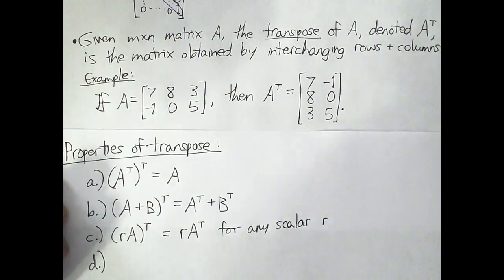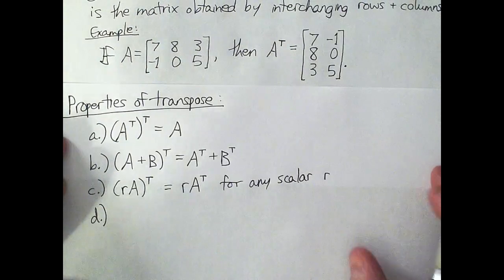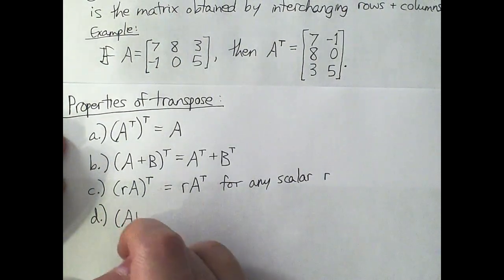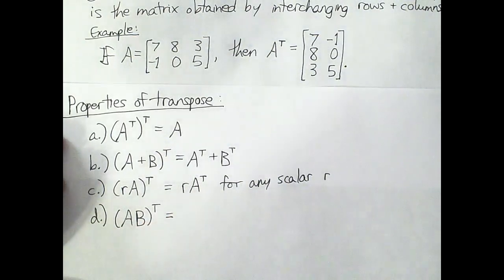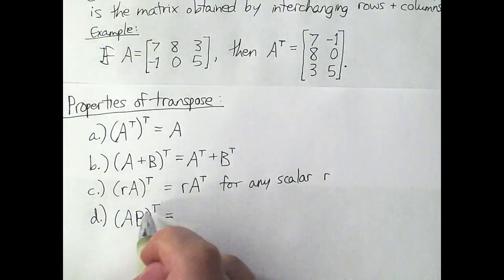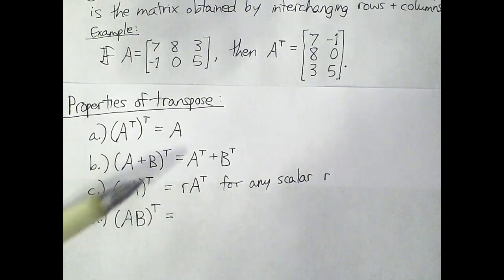And I've got one more on this little list of properties. AB, in parentheses, transpose. All right, now, this one is matrix multiplication. This kind of looks almost like property B above. I haven't finished this yet. We're going to say what this equals. Properties B and D start out similar, right? B is the sum of two matrices, transpose.